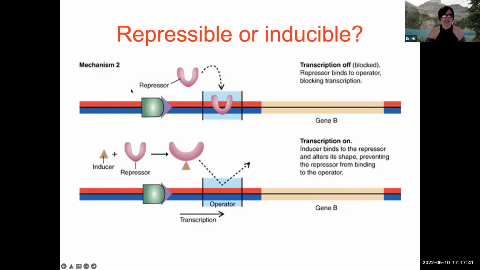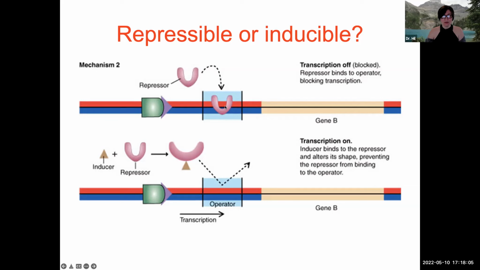So let's have a look at this example and see if we can decide whether this is describing an operon that is repressible or inducible. In this situation, the repressor, which remember is constitutively expressed, so it's always around, when it's made, immediately folds into the correct shape to bind the operator.